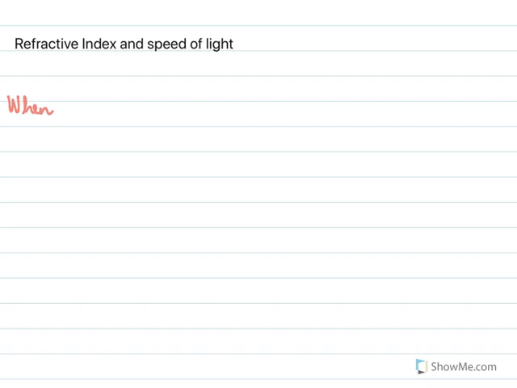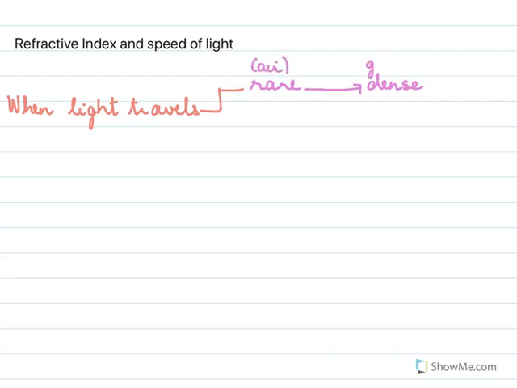We have seen that when light travels from a rare to a dense medium, for example from air to glass, the speed decreases.